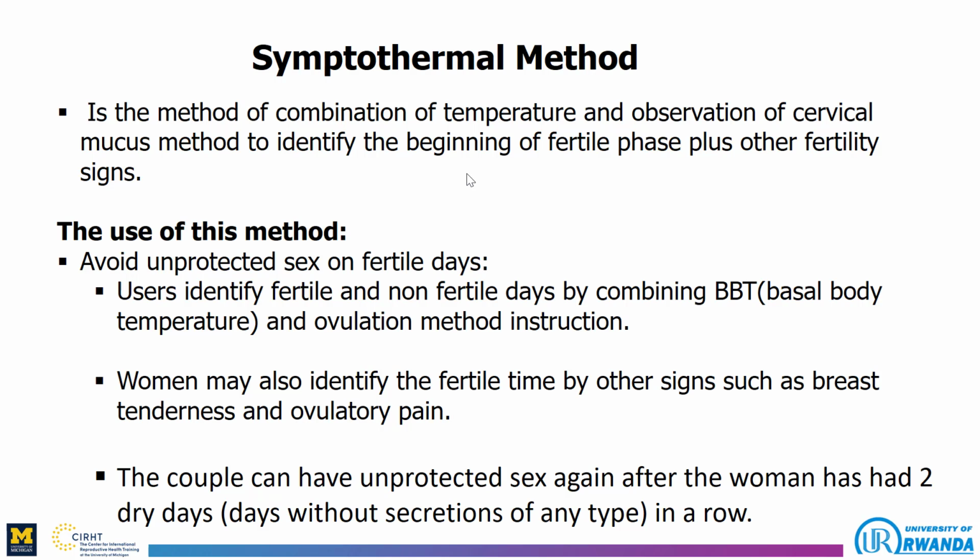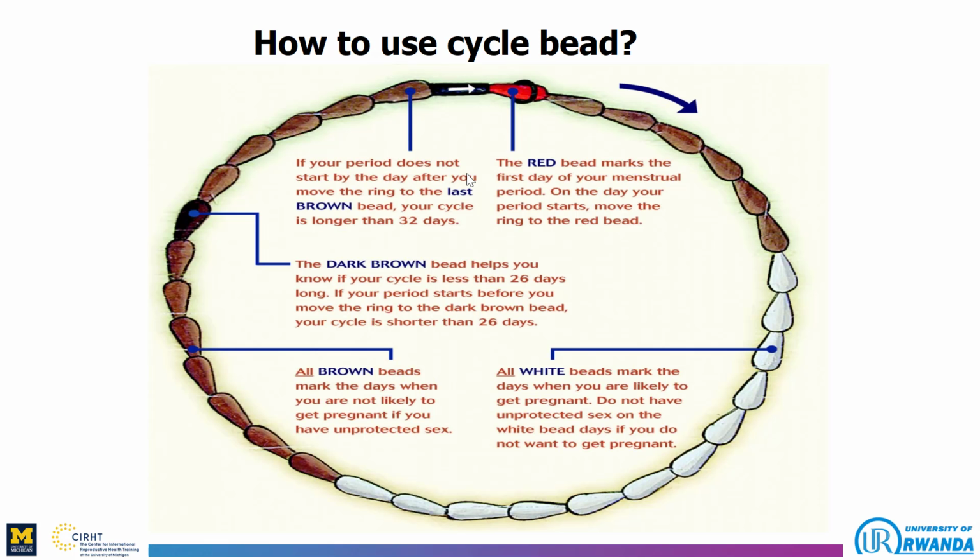Users identify fertile and non-fertile days by combining basal body temperature and the ovulation method instructions. Women may also identify the fertile time by other signs such as breast tenderness and ovulation pain. The couple can have unprotected sex again after the woman has had 2 dry days without secretion of any type.